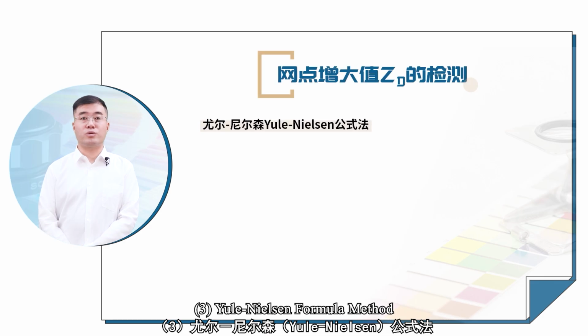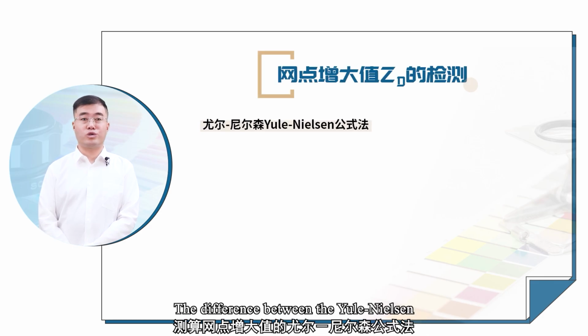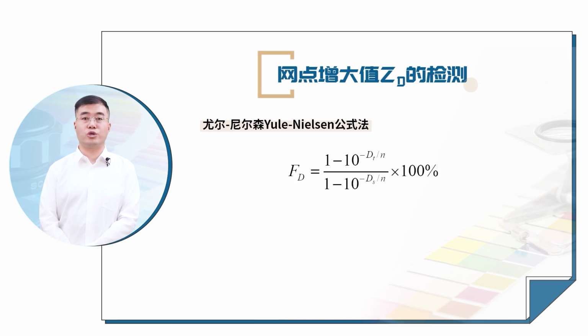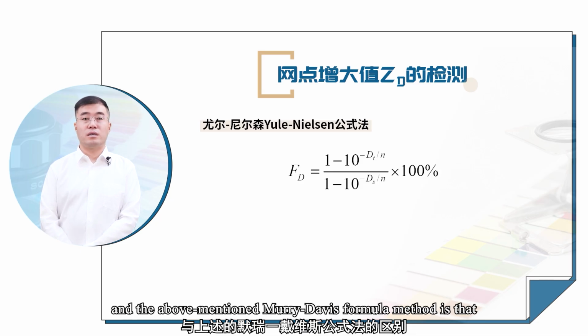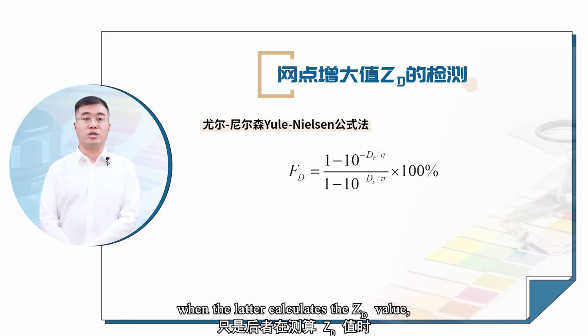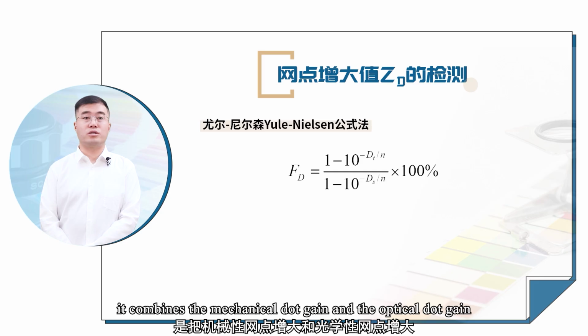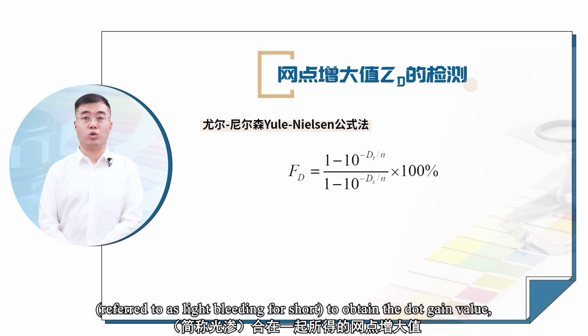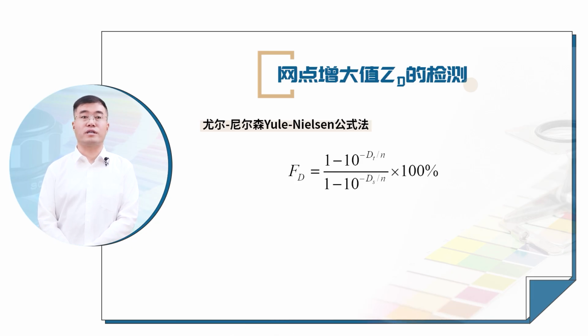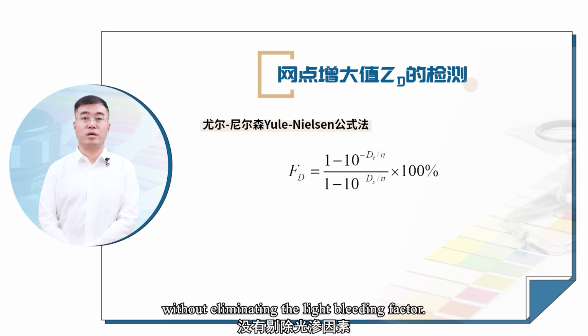3. Yule-Nielsen formula method. The difference between the Yule-Nielsen formula method for measuring the dot gain value and the above-mentioned Murray-Davis formula method is that when the latter calculates the Z sub D value, it combines the mechanical dot gain and the optical dot gain, referred to as light bleeding for short, to obtain the dot gain value, without eliminating the light bleeding factor.